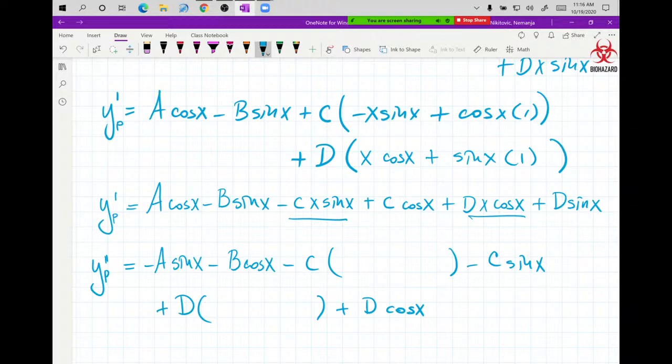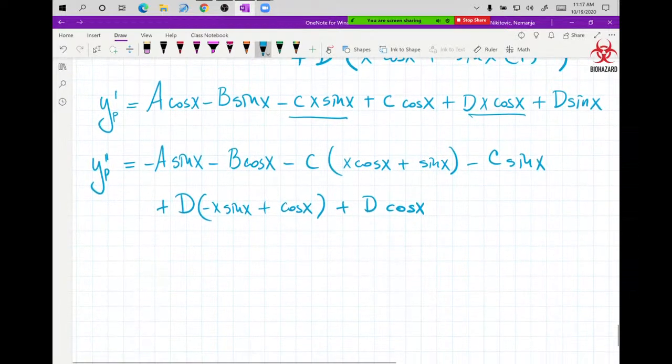So copy the first derivative of the second plus copy the second, and derivative of x is 1. Now go to the other one, copy the first derivative of the second, so minus x sine x, plus copy the second cosine x, derivative of the first is 1. There we go.